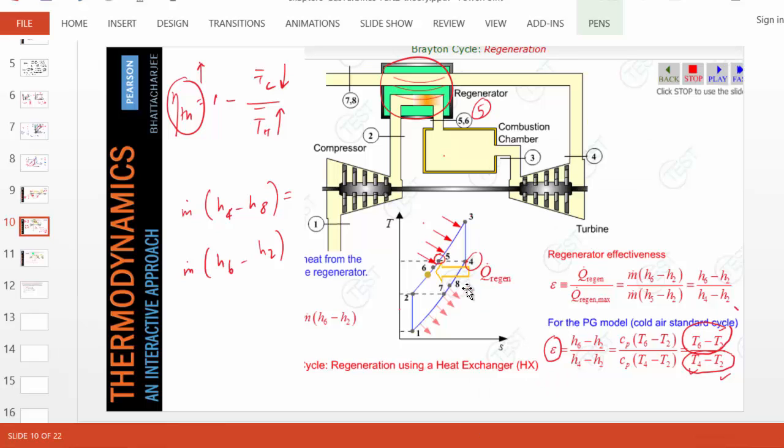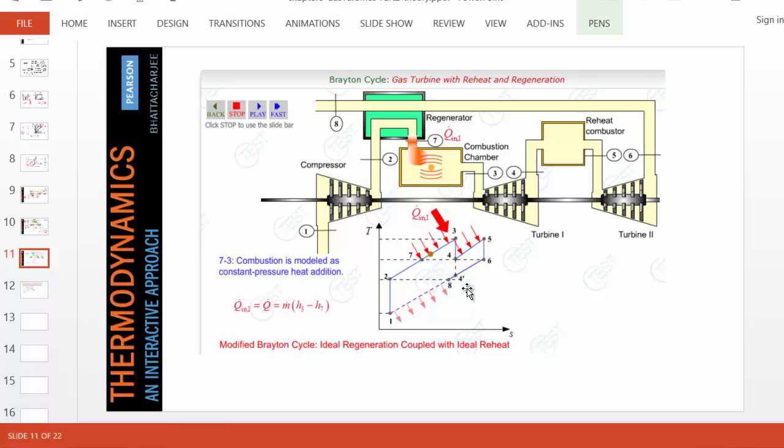Recall that when you did reheat, the net power increased, but the efficiency did not change. Whereas in regeneration, the efficiency is increased, but the net power doesn't change. If we combine reheat with regeneration, that's an ideal combination because, as you can see, because of reheat, we have this extra area, which means more power, and because of regeneration, TH bar has gone up.